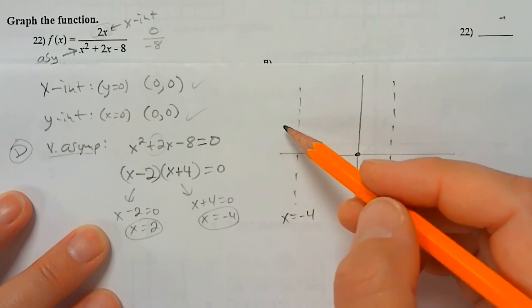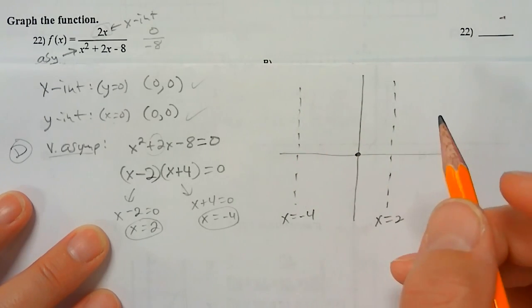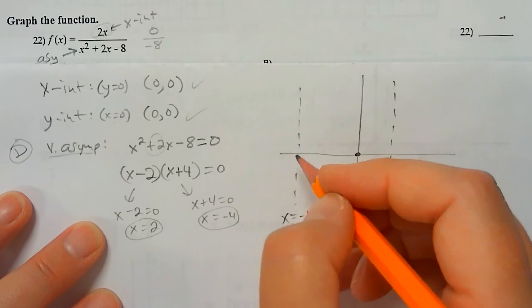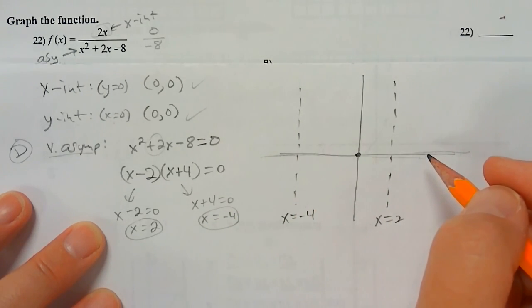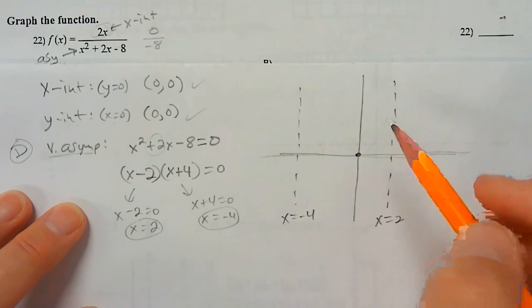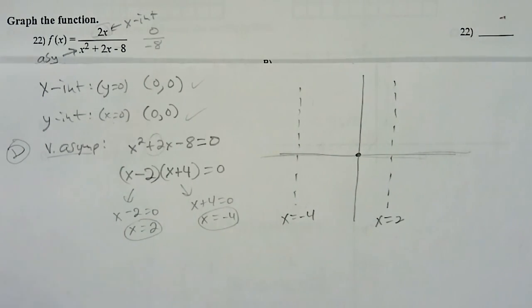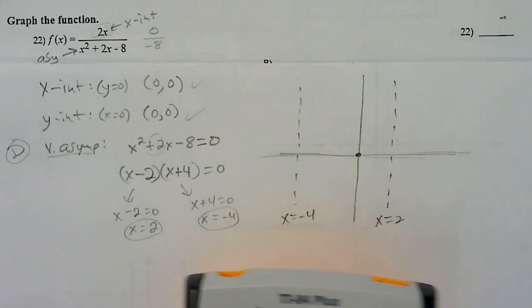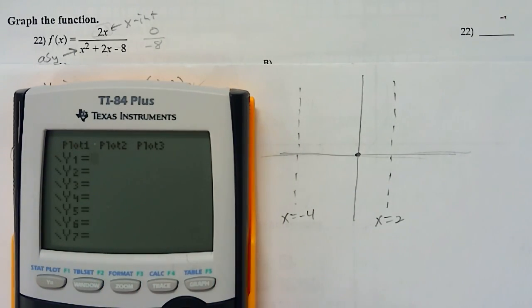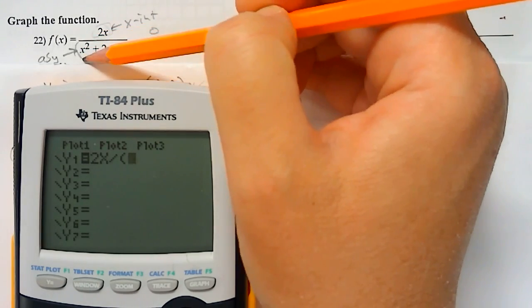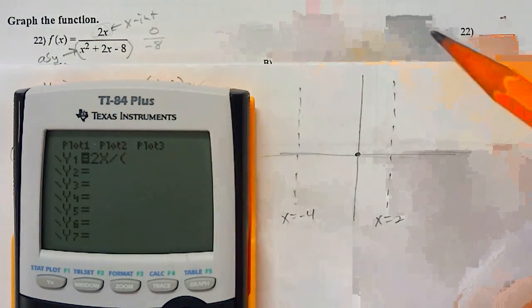Where are my points? So what I might do at this point is just graph it on the calculator, I've shown enough work. I might just graph it on the calculator and say, hey, look, there it is. So if I just type in y equals my function, 2x, now the important thing is to hit divide and then open a parenthesis, because if you don't put the denominator in parentheses, you're doing it wrong.